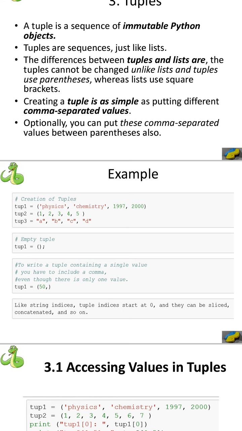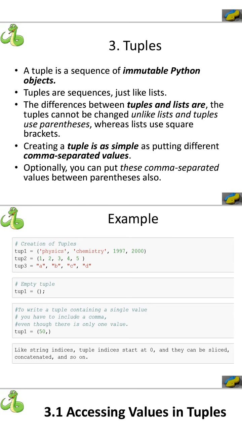That is the main difference between tuple and list, whereas a list is a mutable Python object. There we can modify the value of an element or delete a particular element from a list, etc.